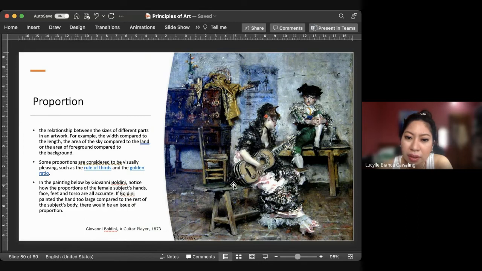Or how the guitar is smaller compared to the chest, or how the guitar is smaller than the person here. So that is proportion. You could also find out more about proportion by searching about the rule of thirds or the golden ratio. So, ayan. Rule of thirds and golden ratio, we would discuss this more in figure drawing.